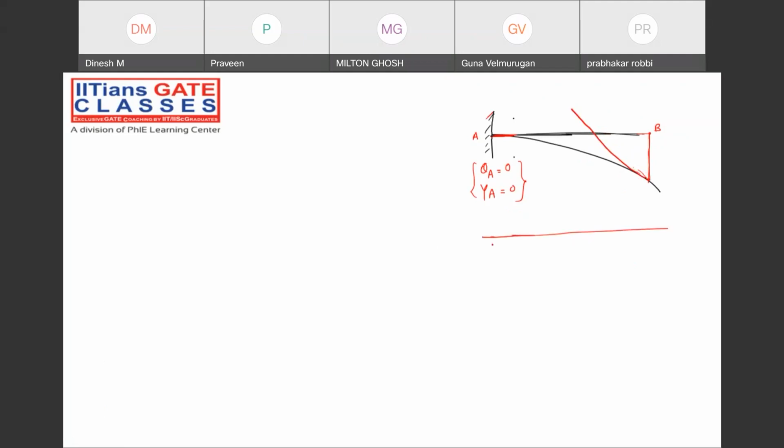Now, let me show you one more diagram where a simply supported beam is there, and the deflection will be like this. Suppose we take point A, point B, and point C. Try to understand, just wait. I will make you understand each and everything.